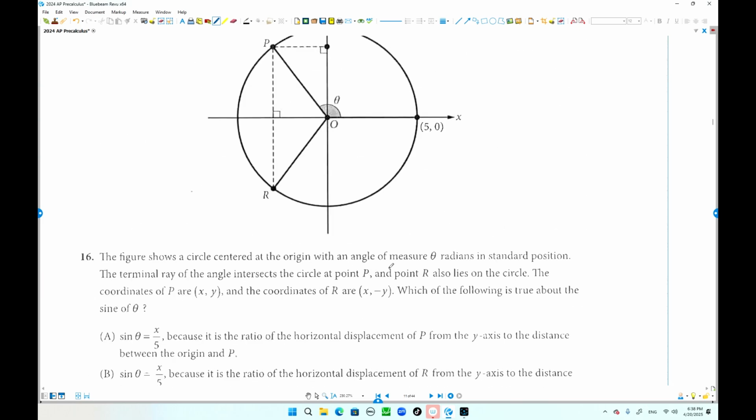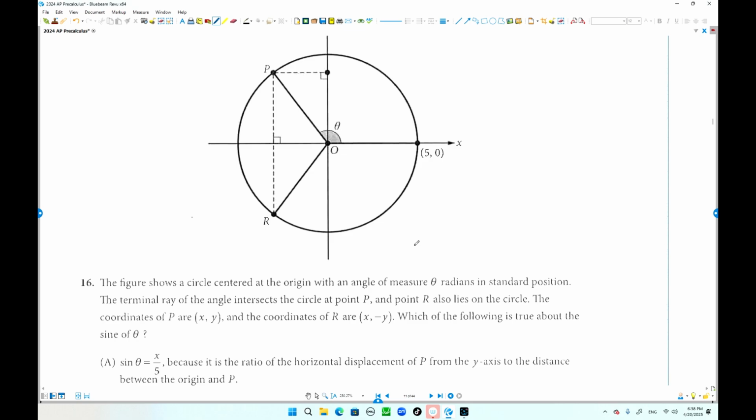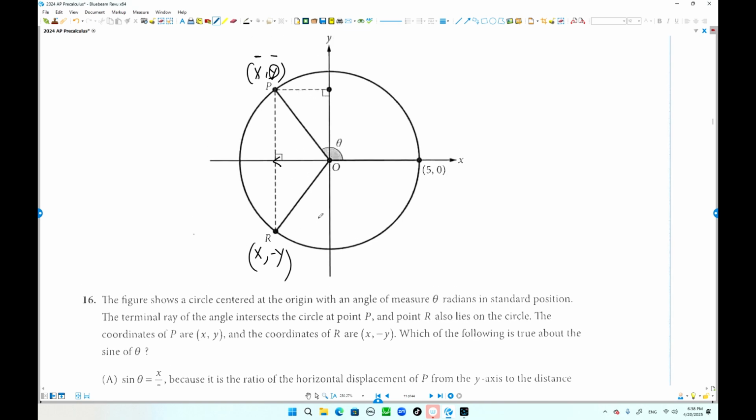The next one is P, given by the coordinate over here, x and y. The other one is x and negative y. Because we know that y is positive, x is on your left-hand side, x should be negative, right? This is a negative number, and y is a positive number. Okay. So we're going to find sine theta. Sine theta over here is y over radius, y over r.